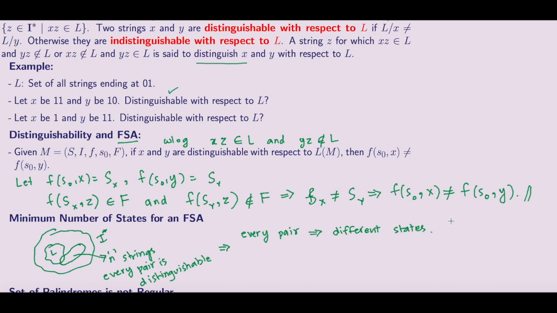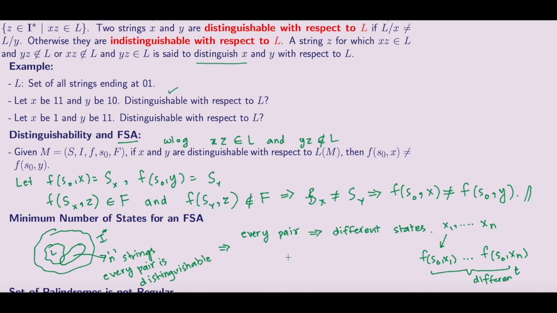For example, the strings here are x1 up to xn. Then we know that f of s0 x1 up to f of s0 xn are all different, because of what we did right here.